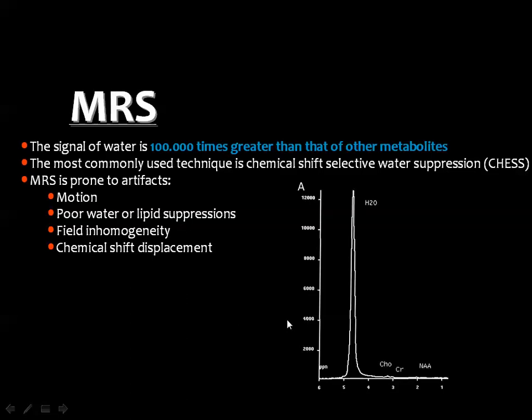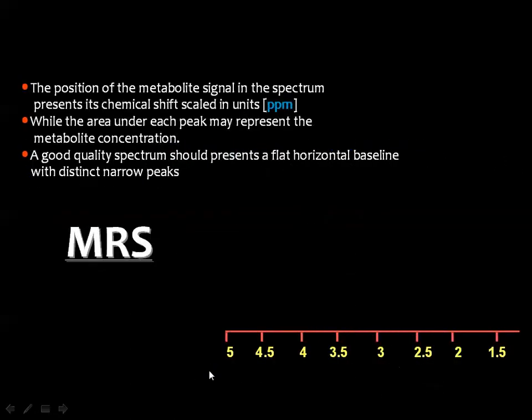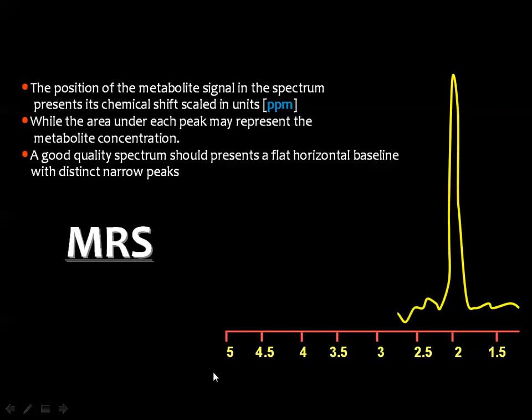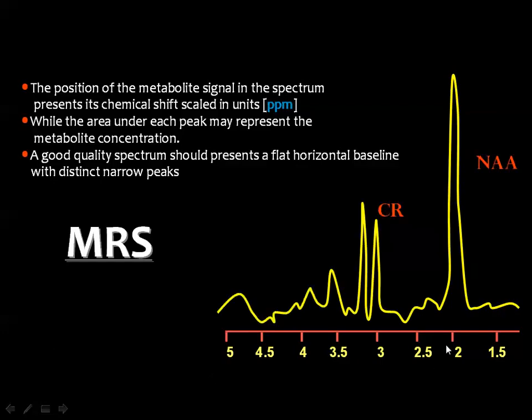Then use any of the techniques available in the magnet to suppress the signal of the water so that you can see these metabolites as I show you. And if you look here, this is the spectrum where you can see the major metabolites, the N-acetyl aspartate, creatine, and choline, and you see that the water signal has been suppressed.